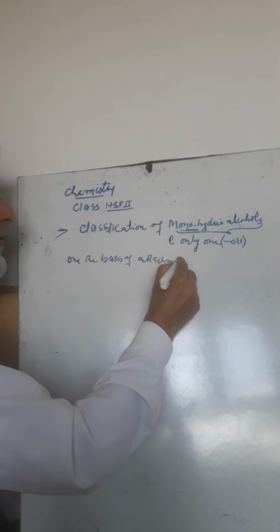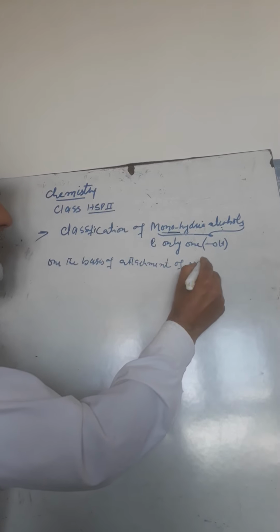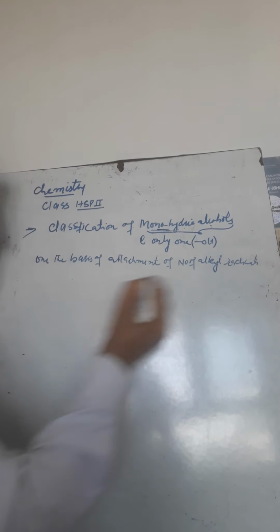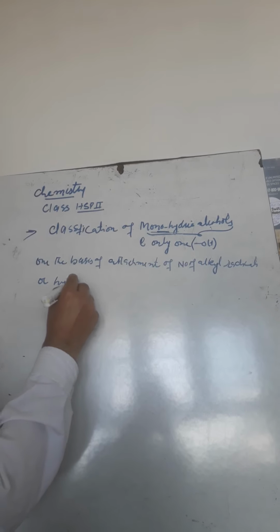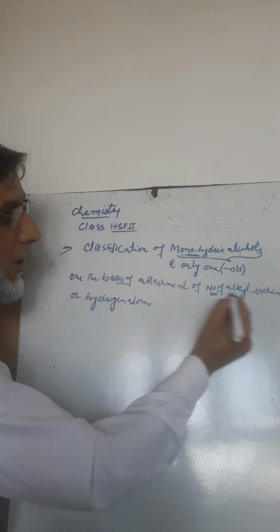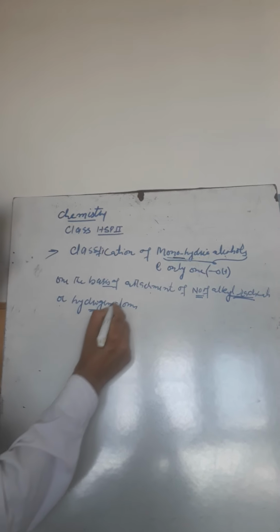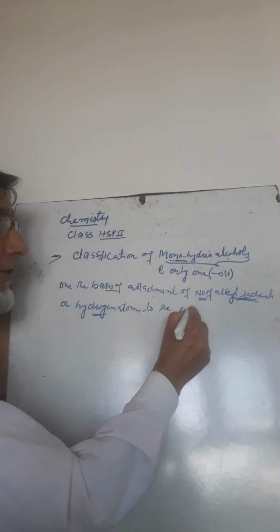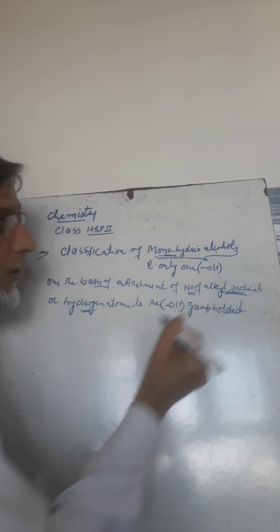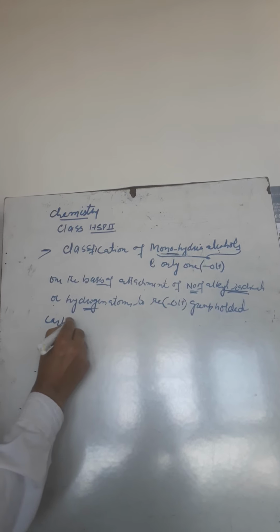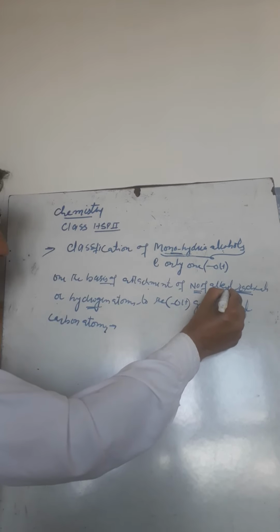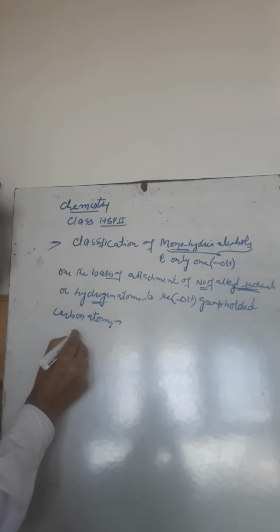Note, on the basis of the attachment of number of alkyl radicals or hydrogen atoms to the hydroxyl group holding carbon atom, these monohydric alcohols are classified into three categories, into three classes.